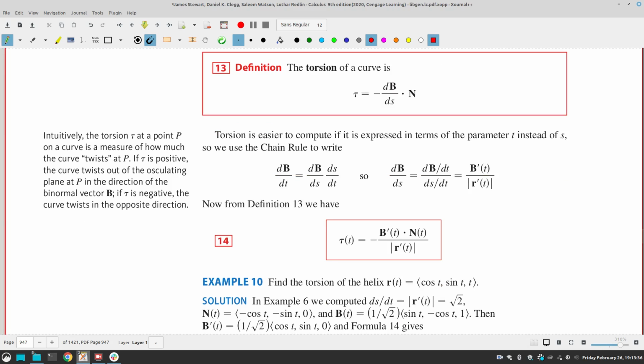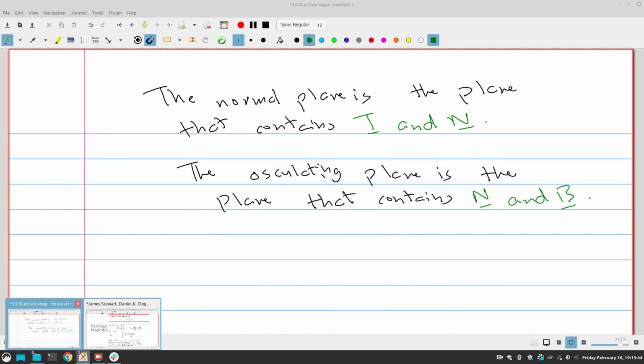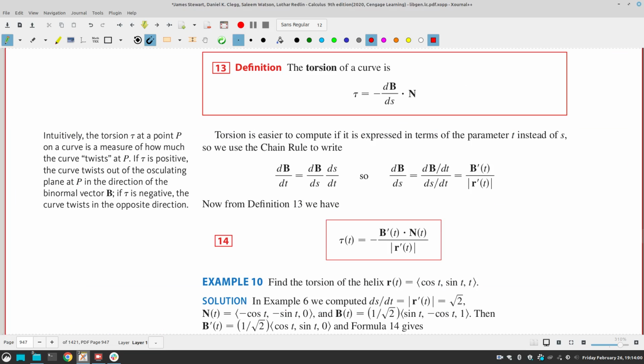Now of course, we can compute the torsion using the chain rule. Torsion is given by tau equals negative dB over ds dot N. Yes, this is the torsion formula.